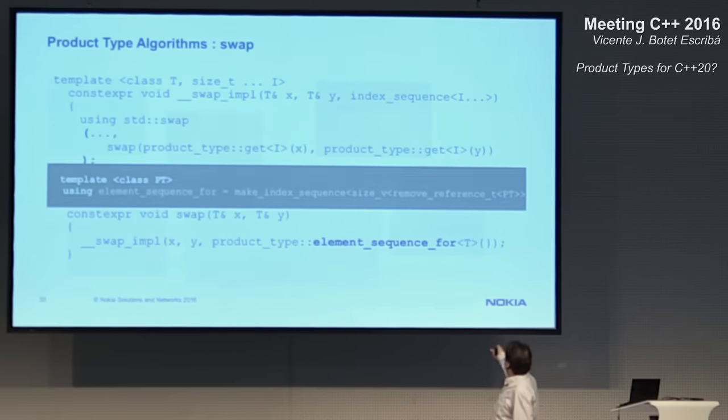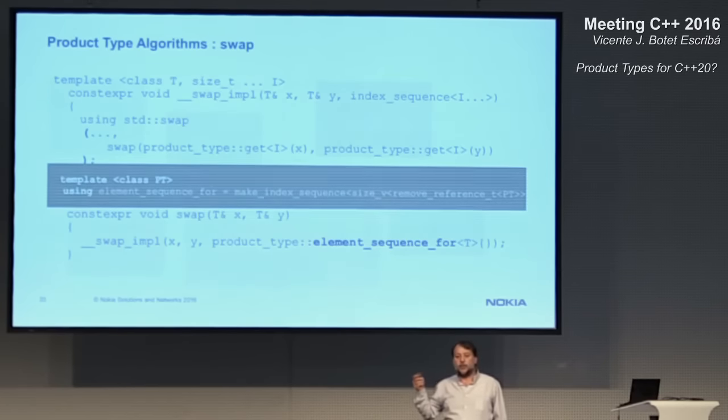I am missing here the, it's here, okay, size. Okay, we are then passing the indexes of the product type, and now we are able to use fold expressions so that we are expanding here using a fold expression with the comma operator, and we are just calling the swap of each one of the elements. This is the best we can have today with C++17.